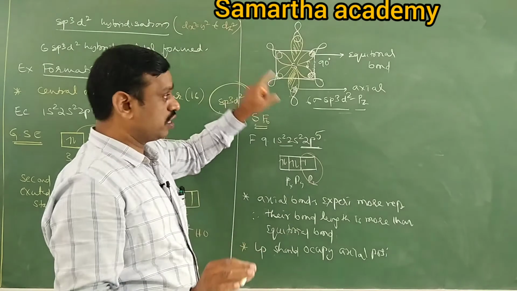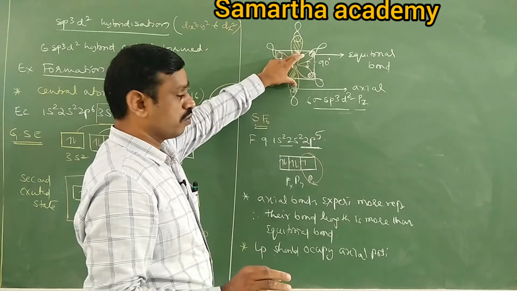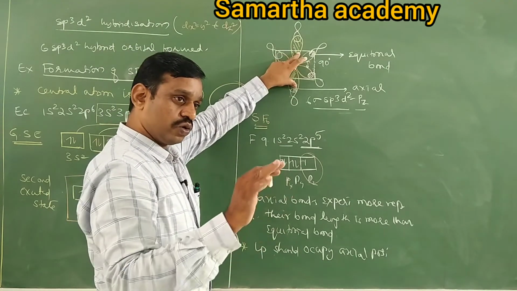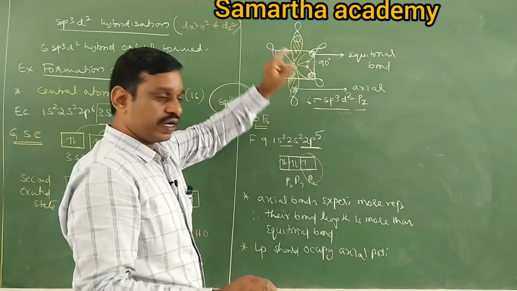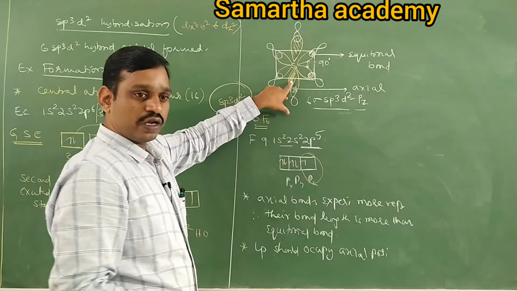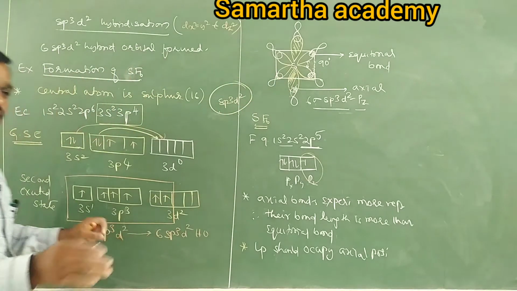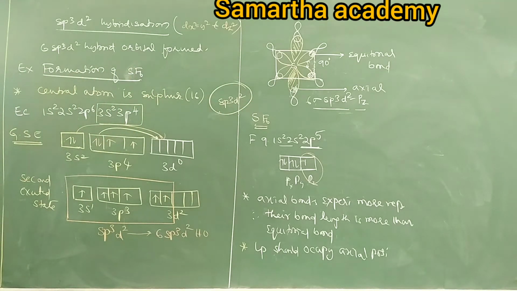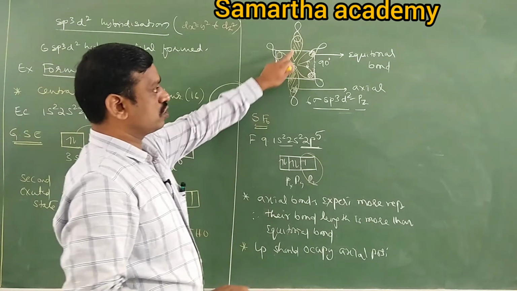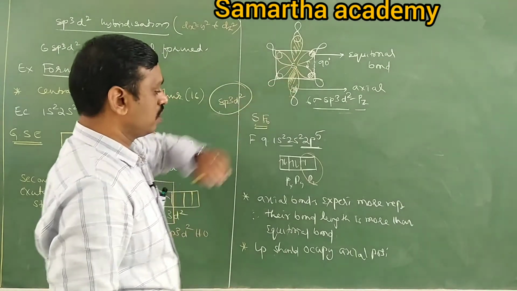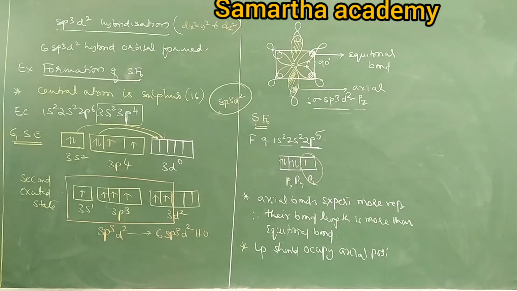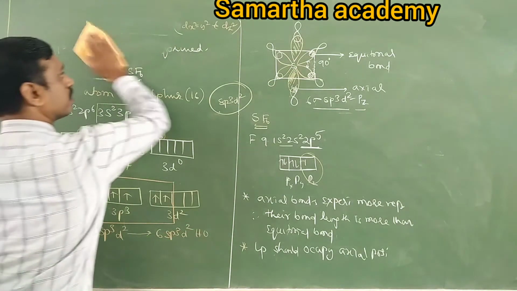Understood. Here, axial positions have more repulsions, even though lone pairs occupy only axial, not equatorial. Okay. The structure of a molecule depends on many factors, not only one electronic factor. They become more stable when they occupy these positions. Okay. Next is sp3d3.